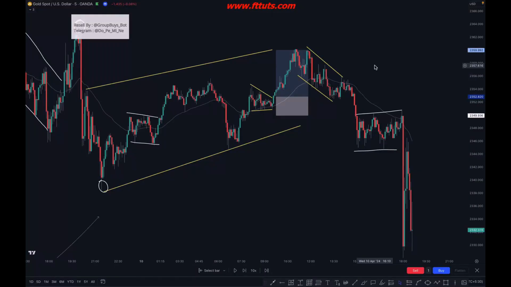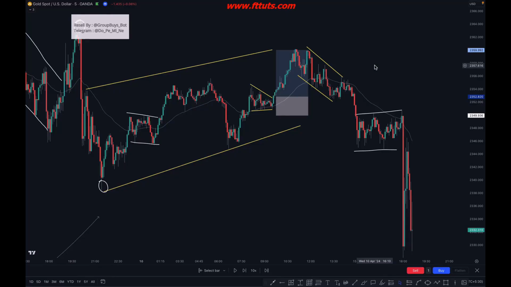I hope you understand how things actually work if market momentum is bullish or bearish, and how you can trade. Simply, you need to understand where our structure is. If the structure is bullish, then you need to identify impulse and correction.